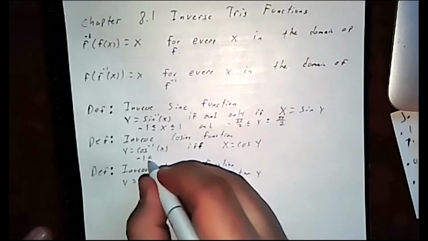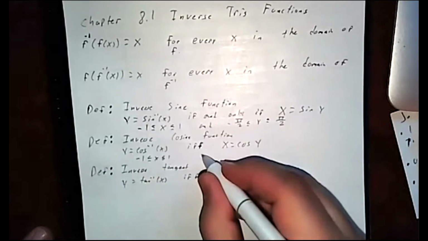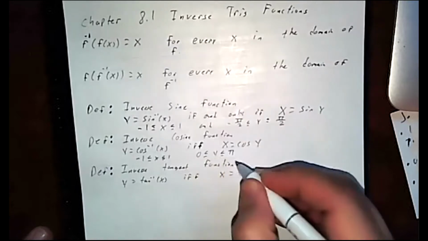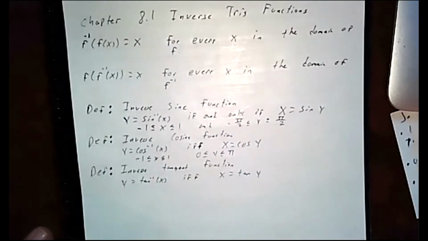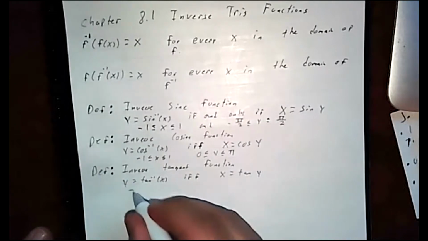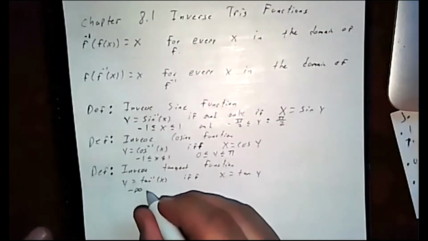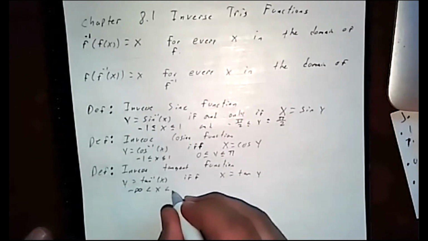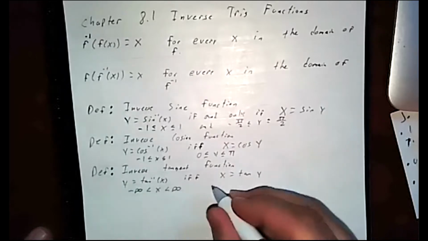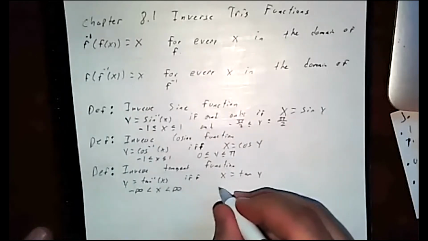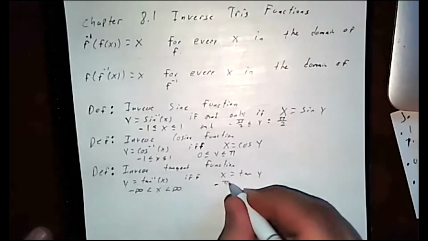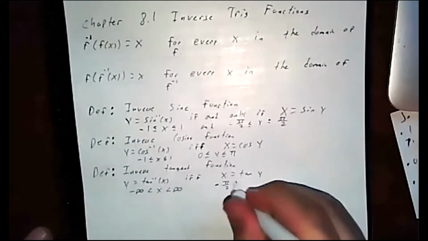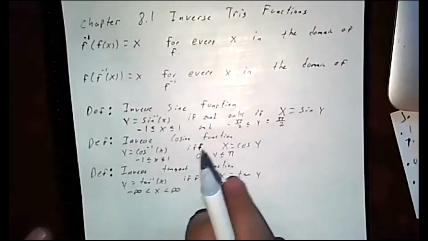X is between -1 and 1, but the y is between 0 and pi. For tangent, the x value domain is going to be -infinity to infinity, so all real numbers. The y will be between -pi/2 and pi/2. Actually, we don't include it on the tangent, just less than, not equal to.